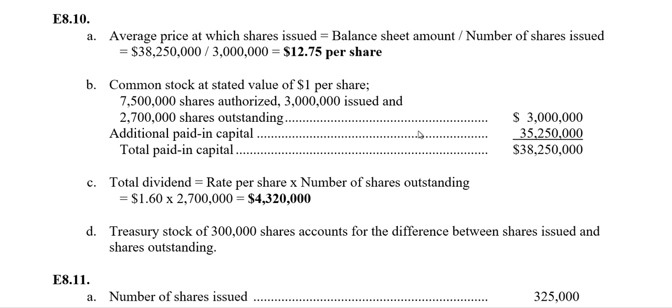Okay. Now, if you take this difference between issued and outstanding, what is that? Why is it, if you've issued that many shares of stock, that a lesser number of those shares are outstanding?